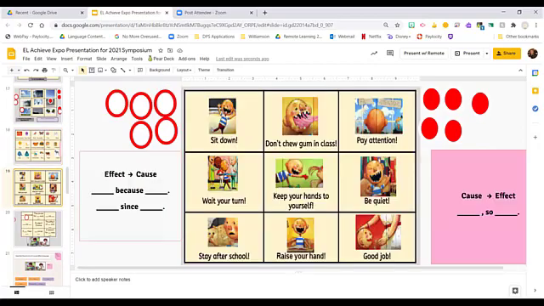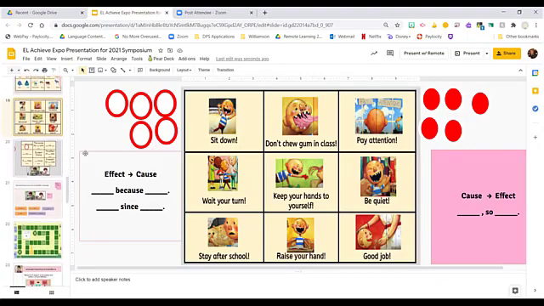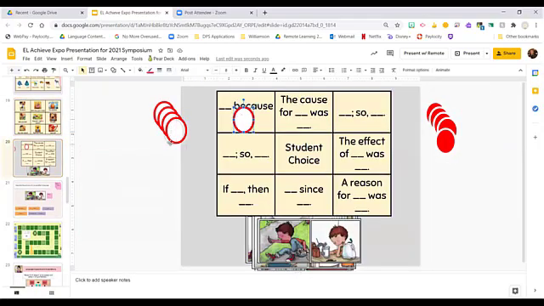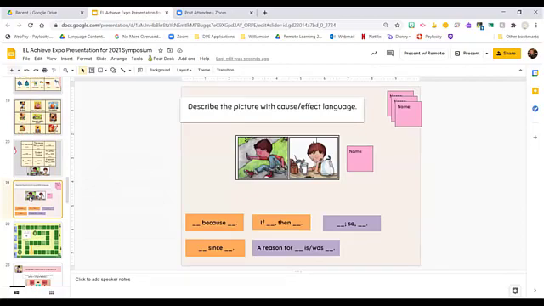And here we have an example of talking chips with cause and effect language to explain events in the book David Goes to School by David Shannon. So this is another example, as is this, of teachers using the virtual tic-tac-toe strategy to increase student engagement and student talk, making the language of ELD portable outside of the ELD classroom.